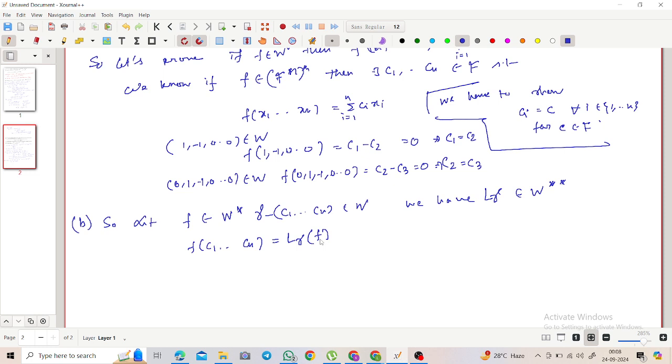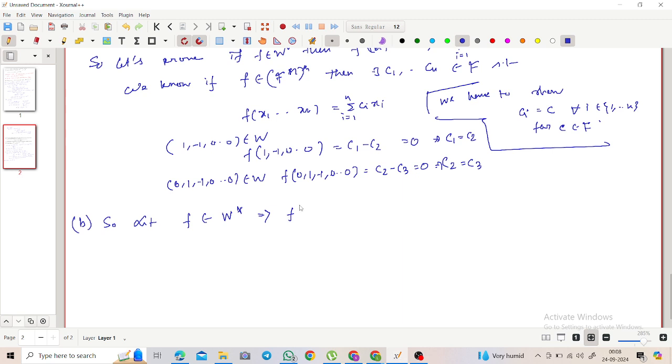No, I think I have messed something up. I think I should have written it this way. If f is in W star, so take the dual of f, right?